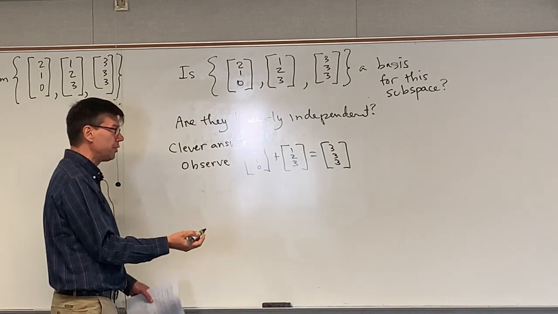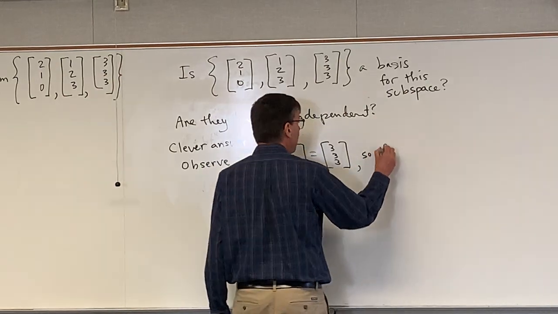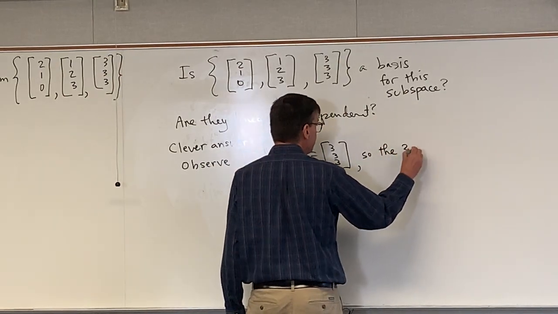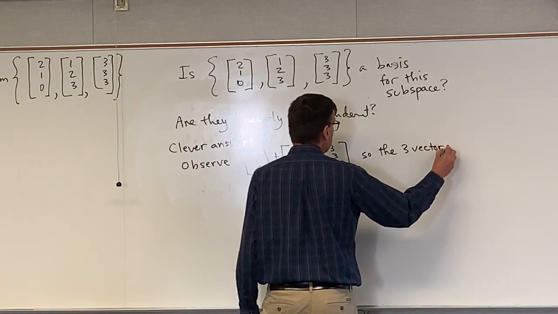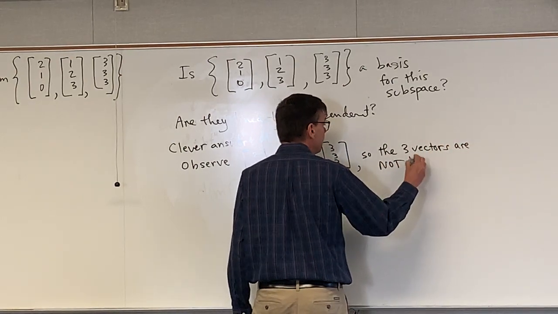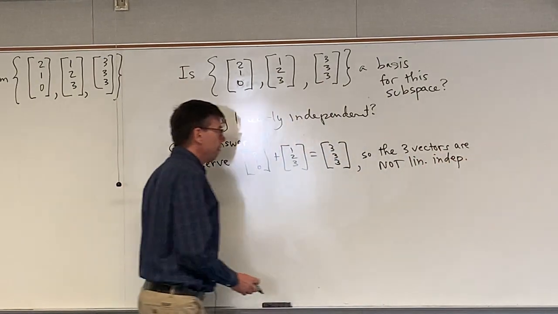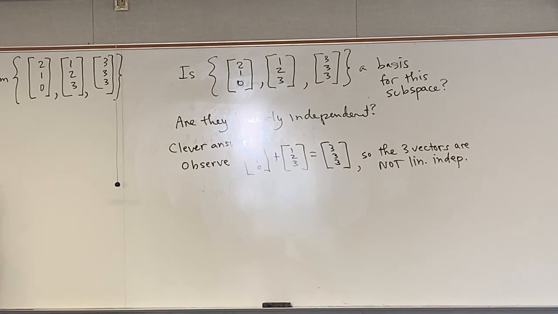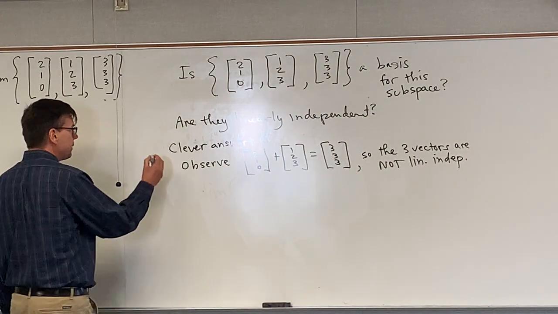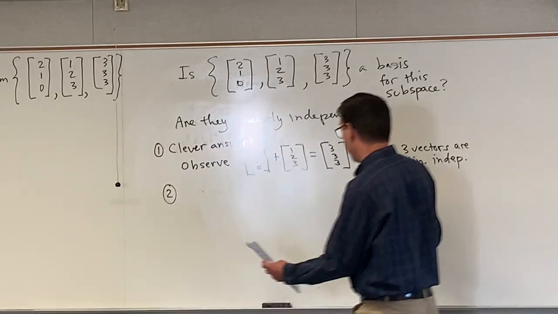Now, if you just happen to observe that, so the three vectors are not linearly independent, just from that fact, right? Because one is a linear combination of the other two. So that's one way. And again, you're done if you see that.